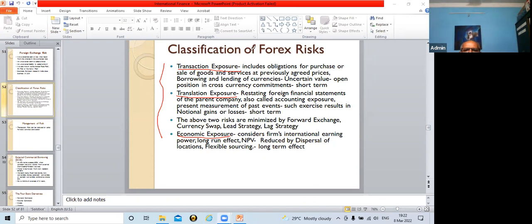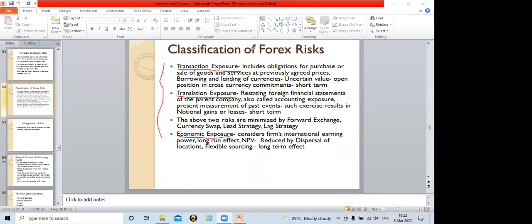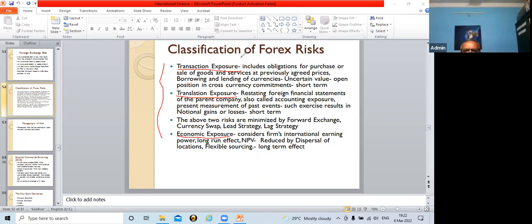How many types of risk involved? Will you answer me? Count this line: 1, 2, 3. How many risks? Hello.